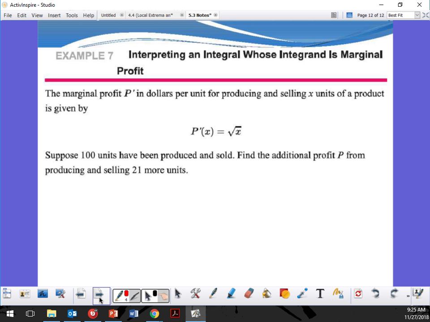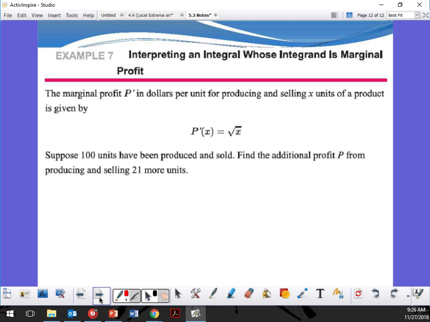Additional profit. Your lower bound's going to be your start. Nope. It's additional profit, right? Okay. So my lower bound has to be? Nope. 100. Because I have initial, suppose 100 units have been produced and sold. Marginal profit P in dollars per unit for producing and selling X units of a product is given by that.